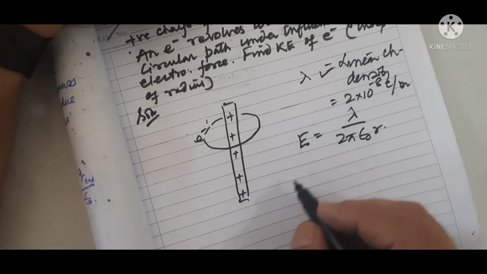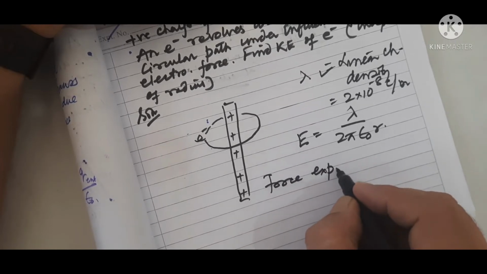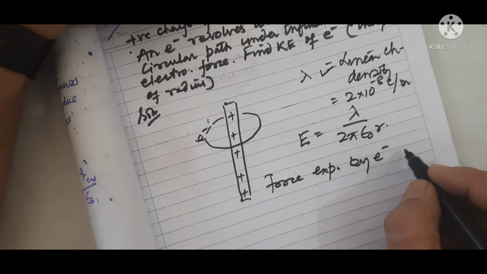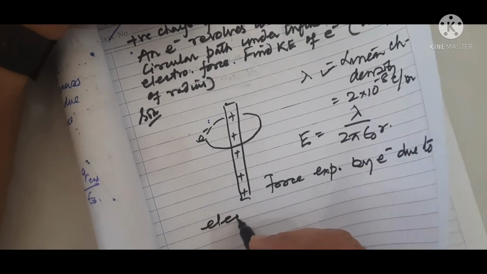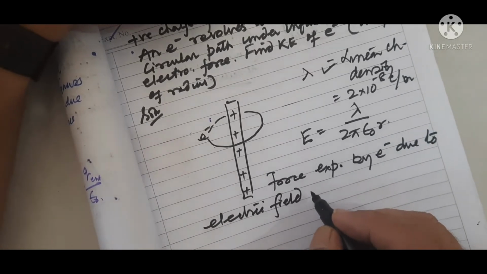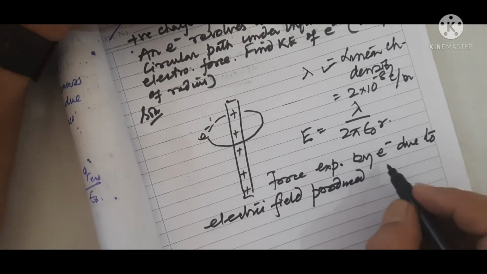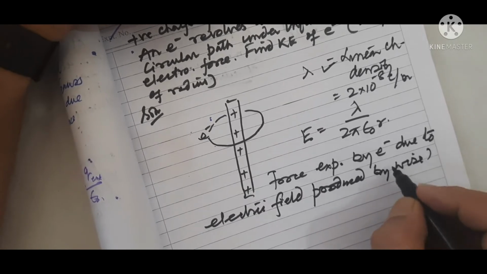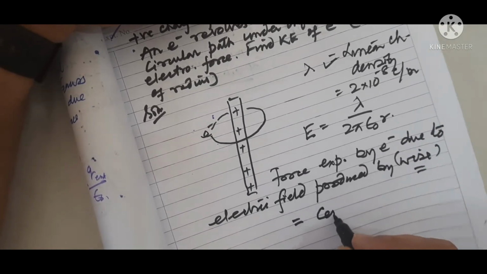Right? Now the force experienced by the electron revolving around it, due to the electric field produced by the charged wire, should be equal to the centripetal force.